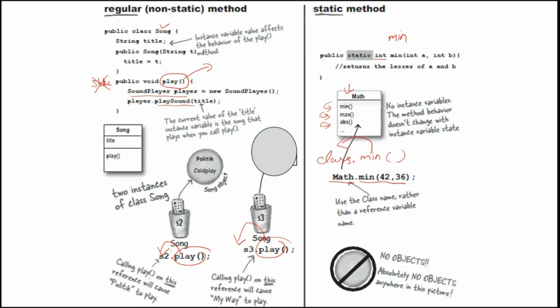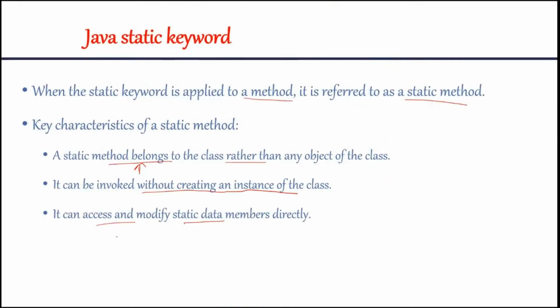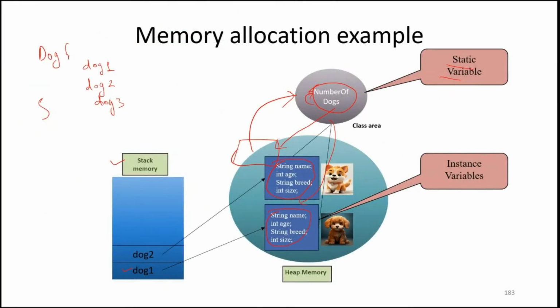And there we will see the difference between a non-static method and a static method, and the difference between a static variable and an instance variable. So let's quickly switch to Visual Studio Code, and there we will write the same dog class which we have already seen.